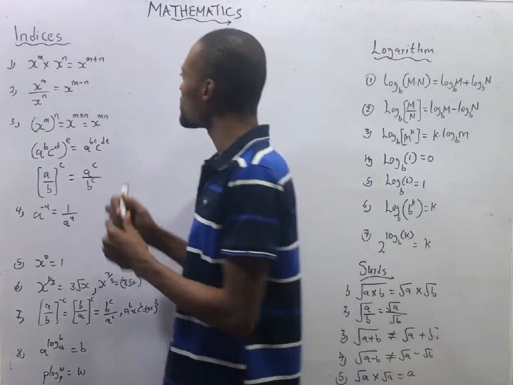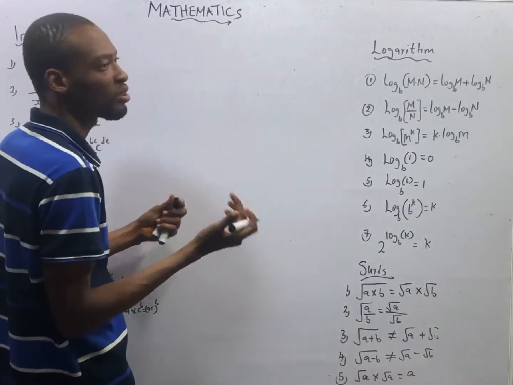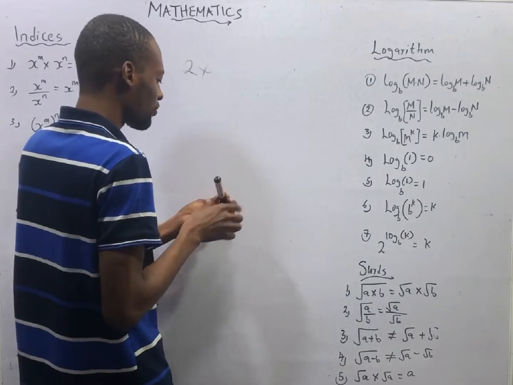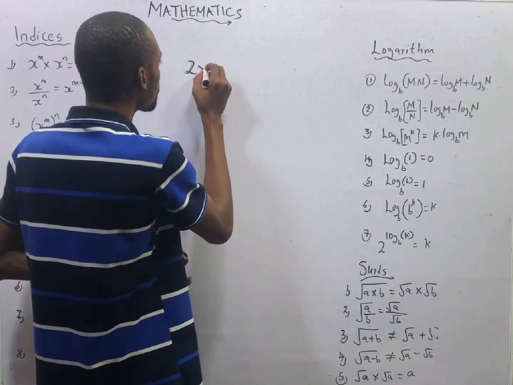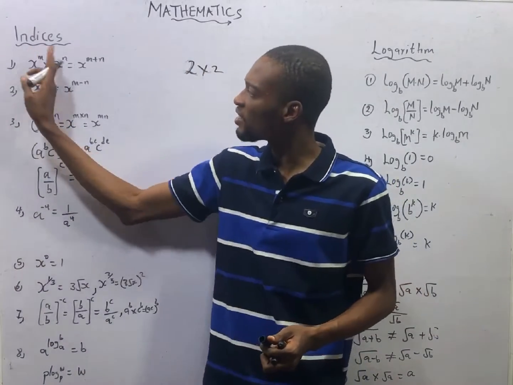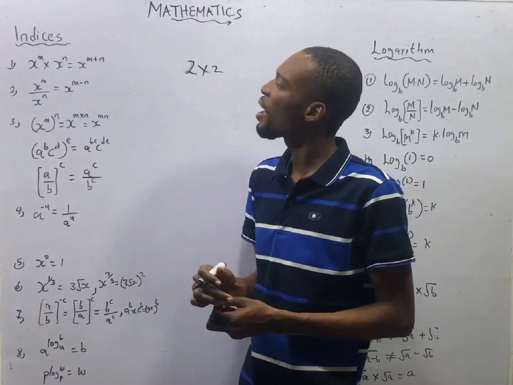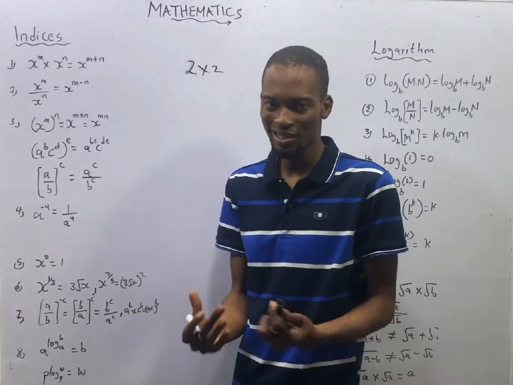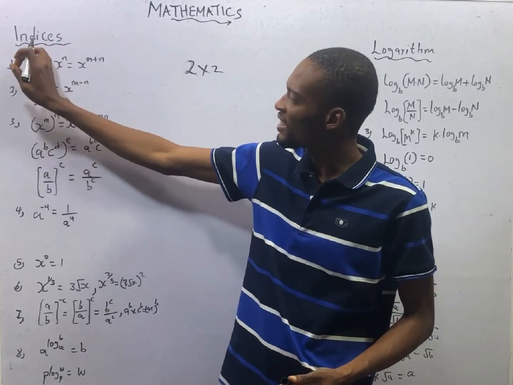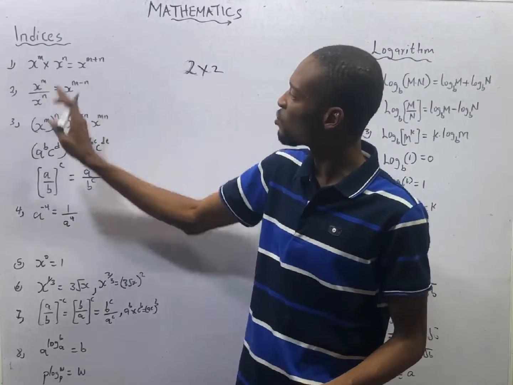Now let's take s to be any number. Let's say 2. Which means if you have 2 raised to the power of m times 2 raised to the power of n, and m and n mean different numbers, which means what is here is not what is here. Let's take m to be 3 and n to be 4.